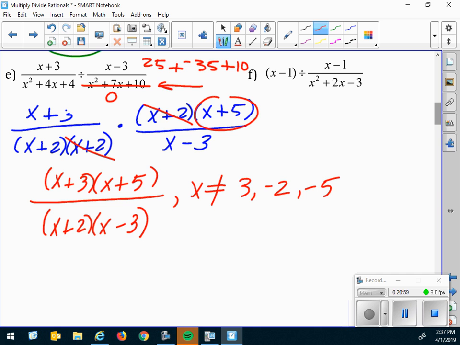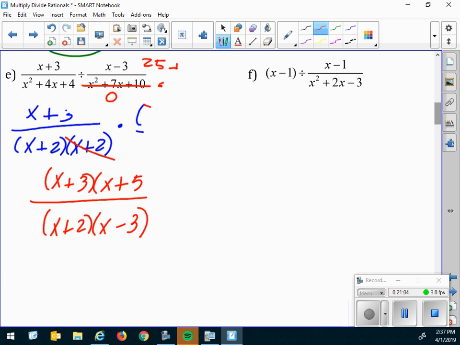Last one here on this page. Which one do I do the reciprocal of? The second one.